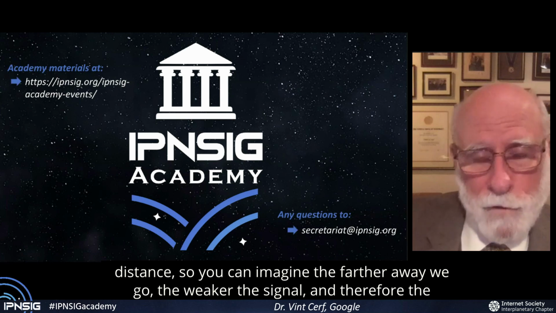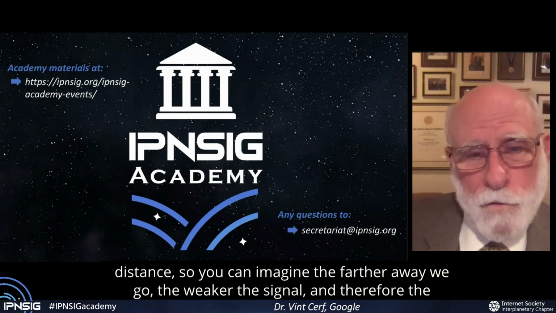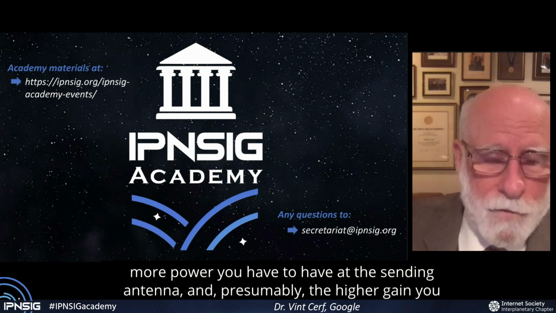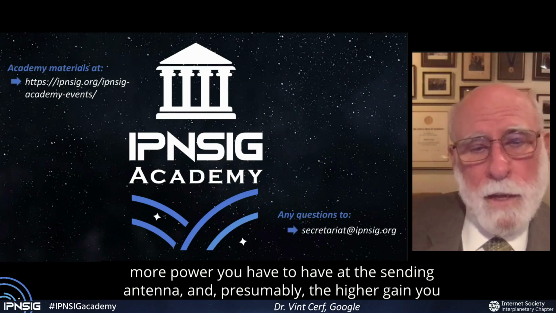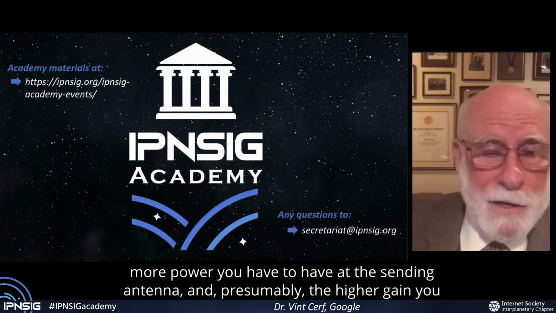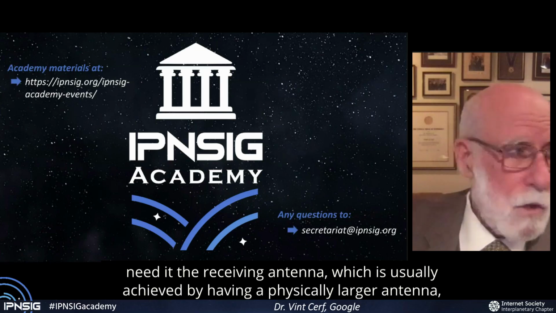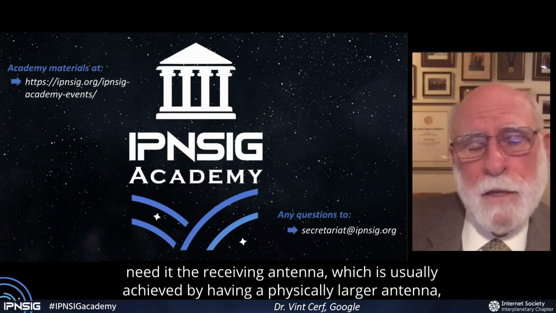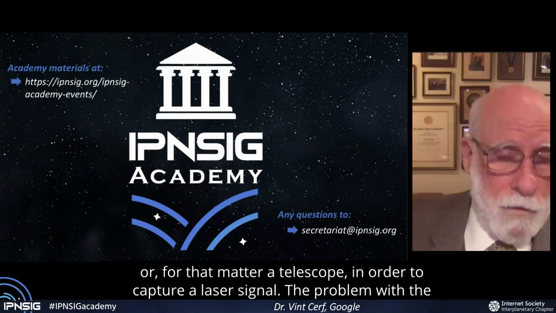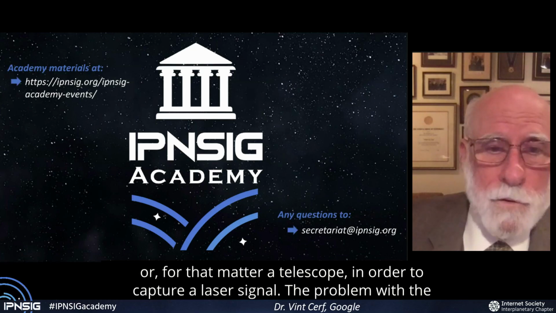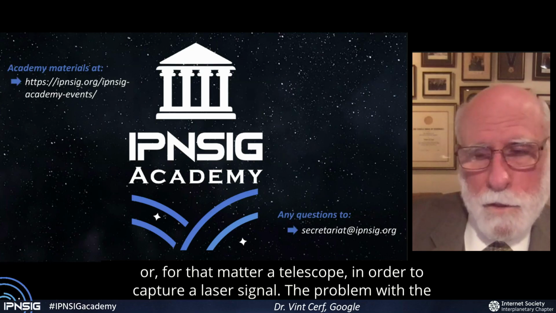So you can imagine the farther away we go, the weaker the signal, and therefore the more power you have to have at the sending antenna, and presumably the higher gain you need at the receiving antenna, which is usually achieved by having a physically larger antenna, or for that matter, a telescope in order to capture a laser signal.